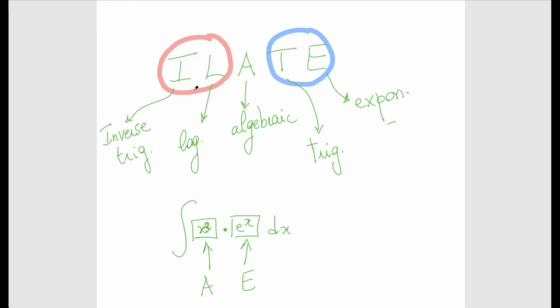If both of them sit in this loop or both of them sit in this loop, meaning in this loop one is I, one is L, so inverse trig and log, it doesn't matter which one you take to be V. And if one is trig and one is exponential, again, it doesn't matter which one you take to be V. Let me illustrate this point via an example.